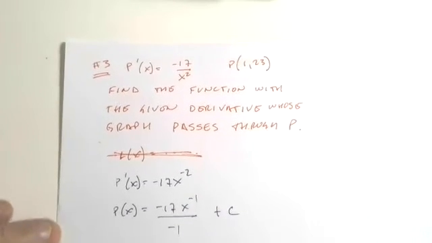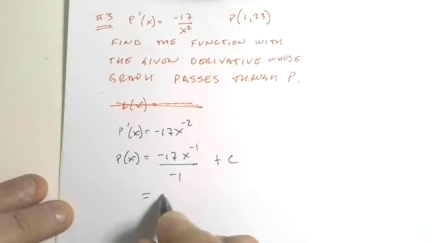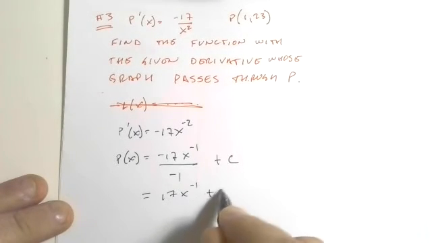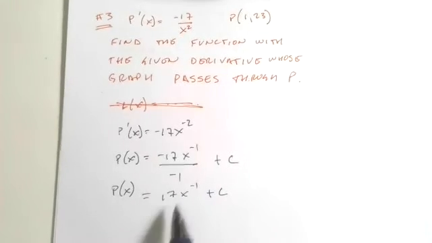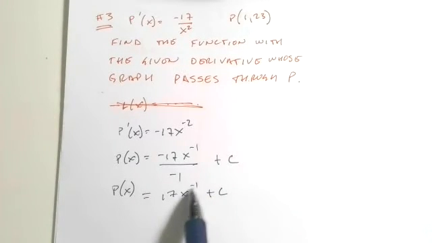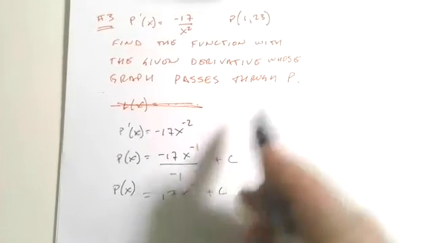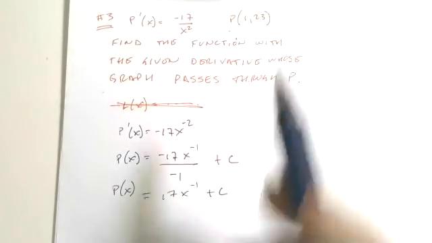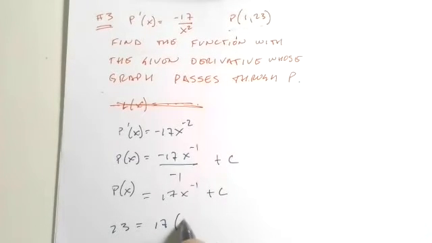All right, so 17x to the negative first plus c. Prove it. Well, let's take the derivative. Derivative would be negative 17x, subtract 1, negative second. There it is up there. All right, how do we find the c? Well, that's what this point up here is for. So 23 equals 17 times 1 to the negative first plus c.